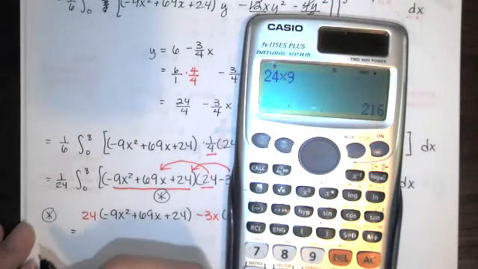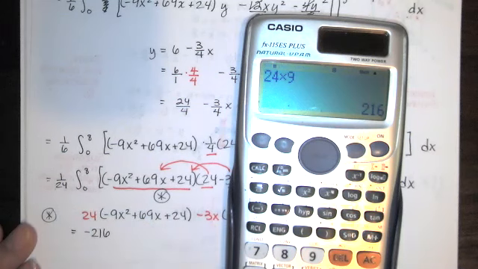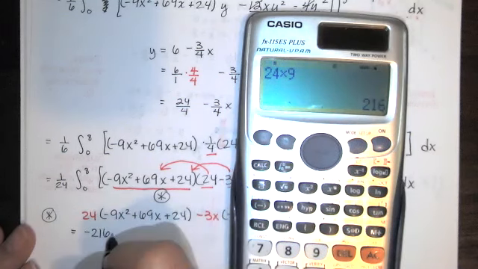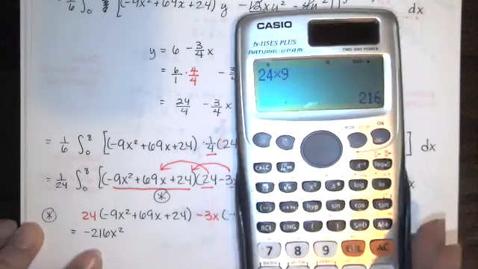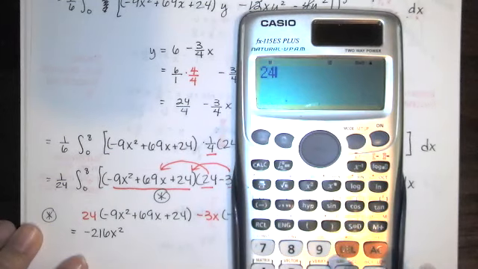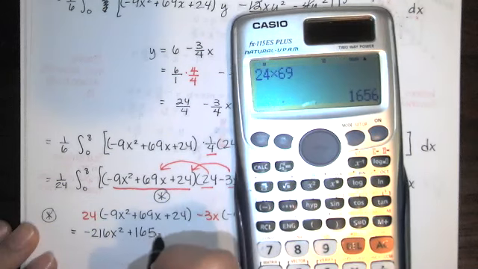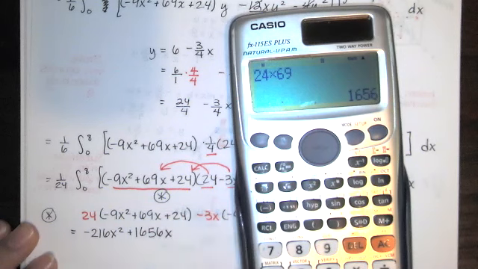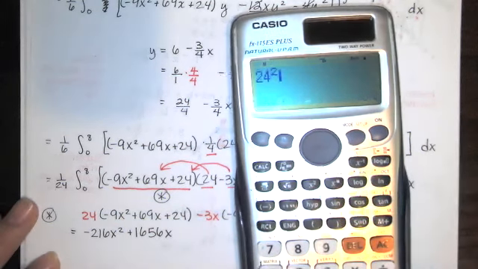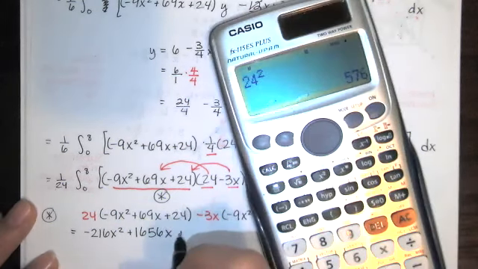So I've got 24 times 9 is 216, and then that's negative. So I have negative 216x squared, and 24 times 69 is 1,656 times x, and then 24 squared is 576.